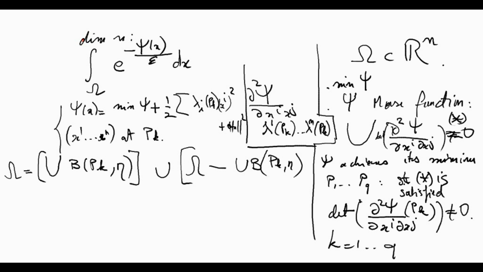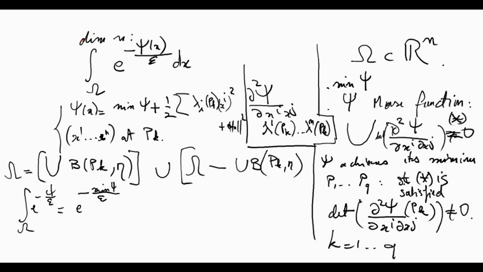So now we can rewrite the integral over omega of exponential of minus psi divided by epsilon as exponential of the minimum of psi divided by epsilon, and now we use the integral over all of these distinct balls.